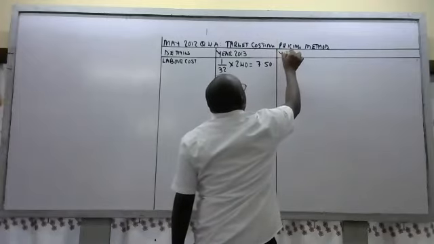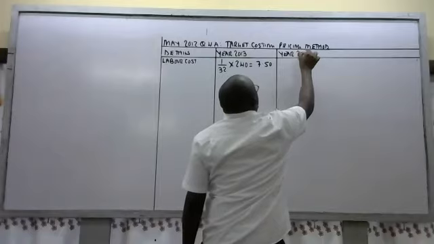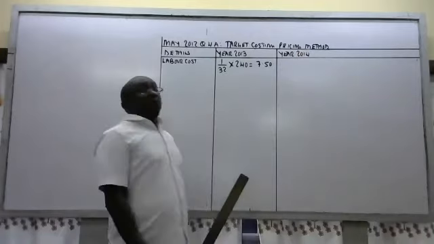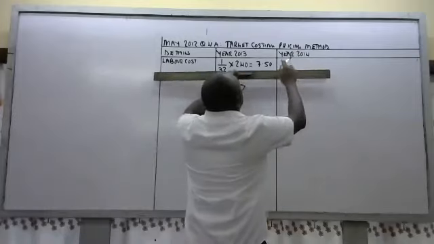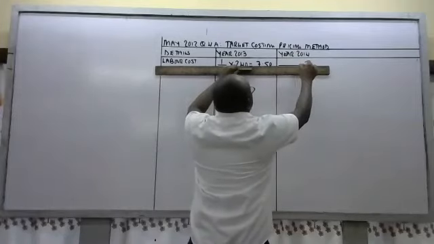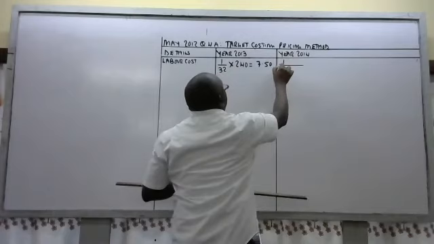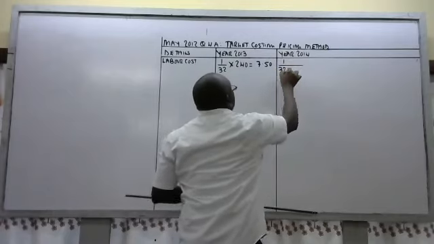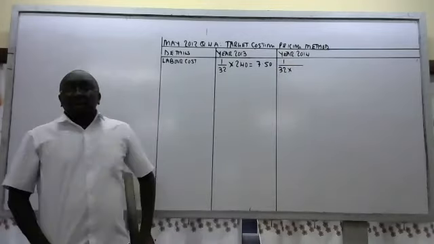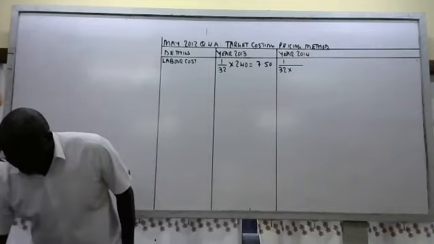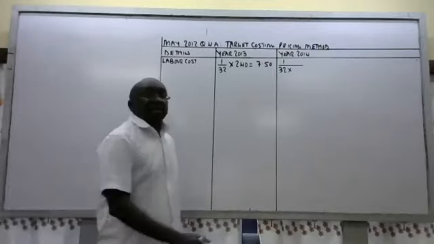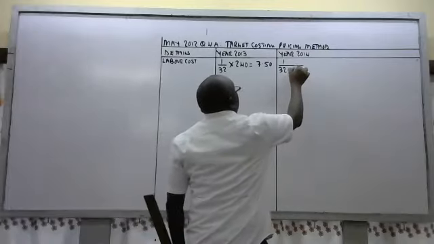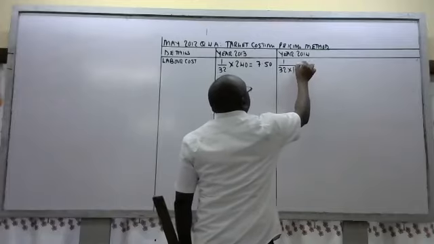Year 2014. For the year 2014, in terms of hours, it will be 1 out of that 2 times... We are told productivity will increase. According to information 2, productivity will increase by 3%. So you multiply by 1.03.